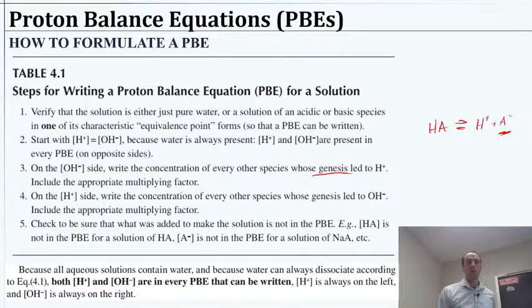That's what we're referring to. So this is talking about this scenario where A minus led to the formation of an H plus. Okay, on the H plus side, we're going to do the inverse. Anytime we had something that led to an OH minus, we're going to have that there.